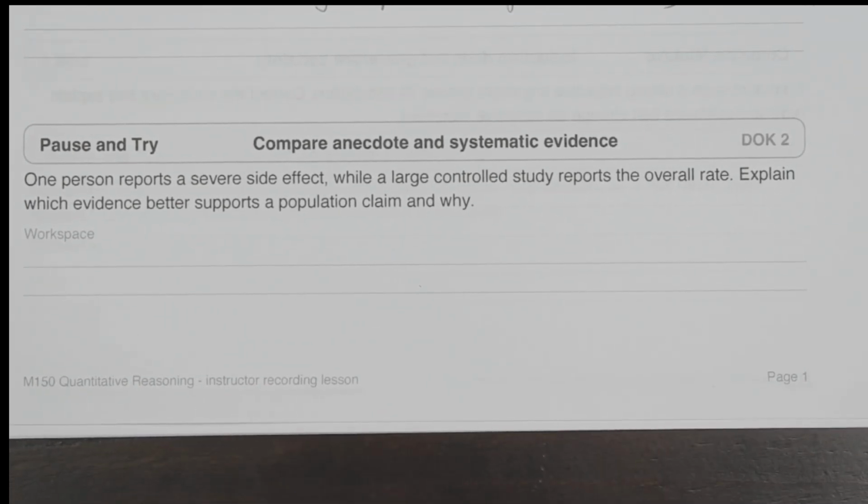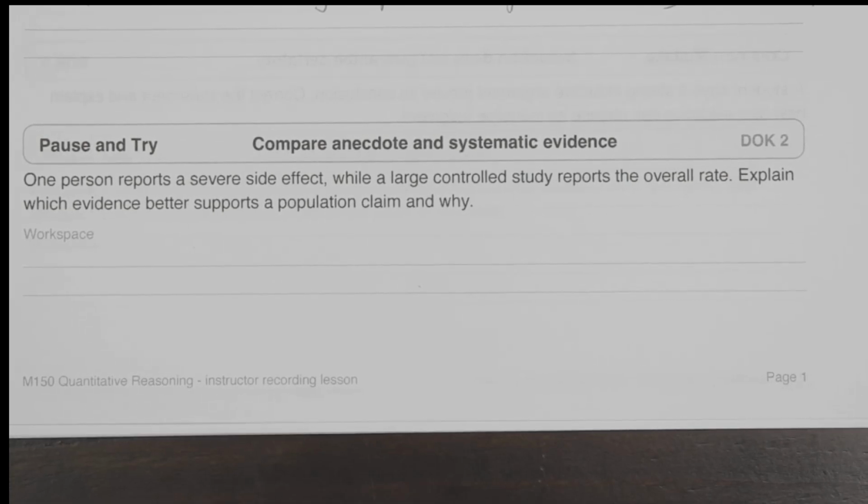The next problem is compare anecdote and systematic evidence. One person reports a severe side effect while a large control study reports the overall rate. Explain which evidence best supports a population claim and why. Suppose one person reports experiencing a severe side effect from a medication, let's say Advil or Tylenol. At the same time, a large control study reports the overall rate of that side effect.